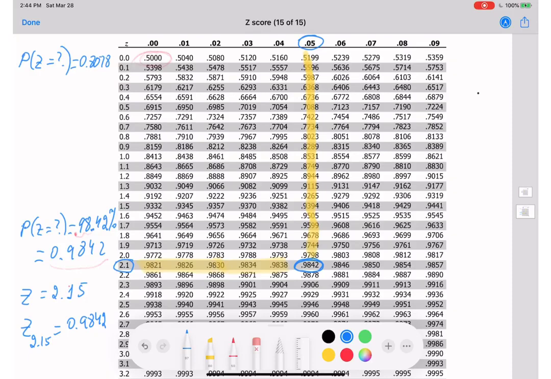Put on a pause and find the value what z-score is matching, and then open and check. Okay. So, if we look, where is it? 0.8078. It's right here.